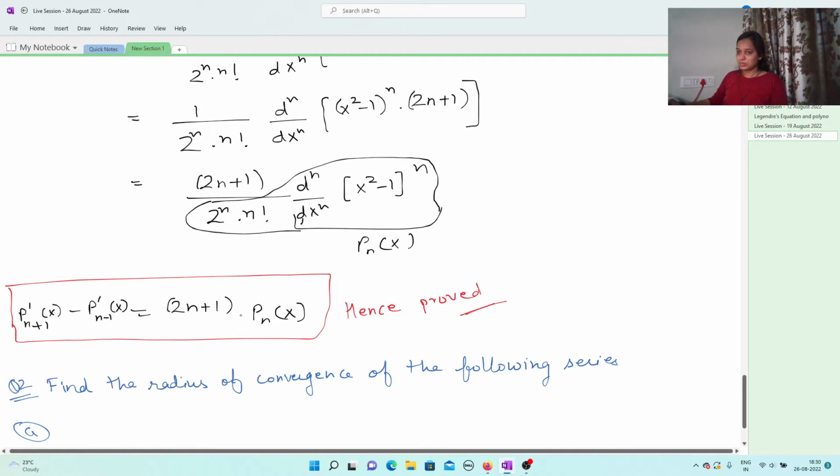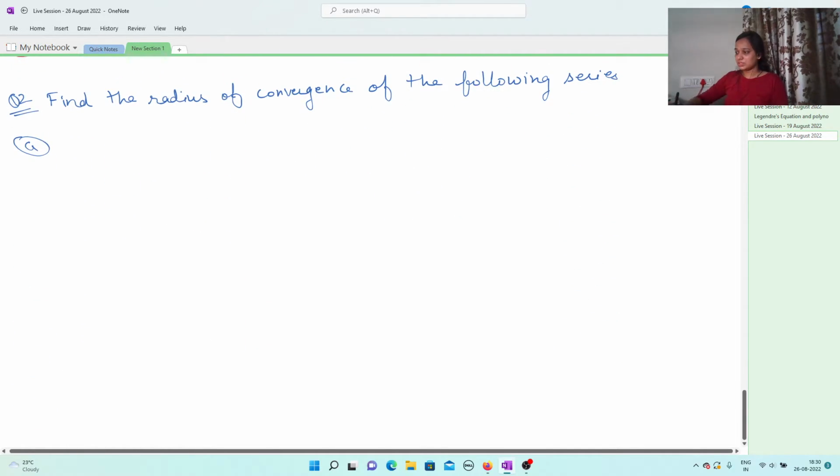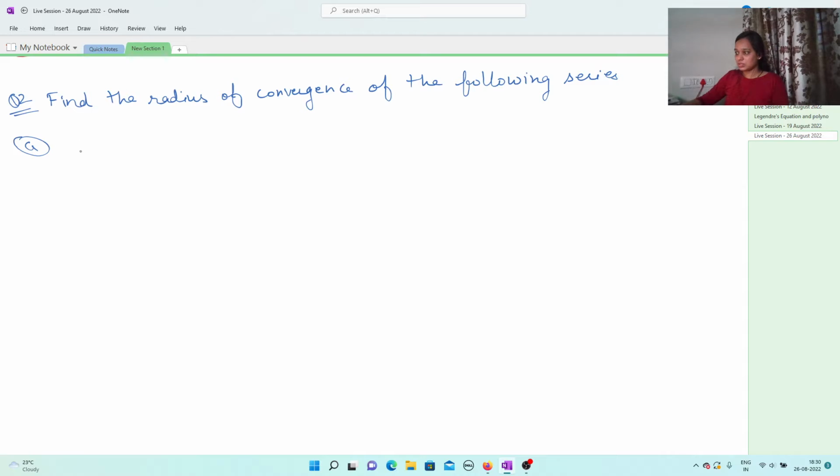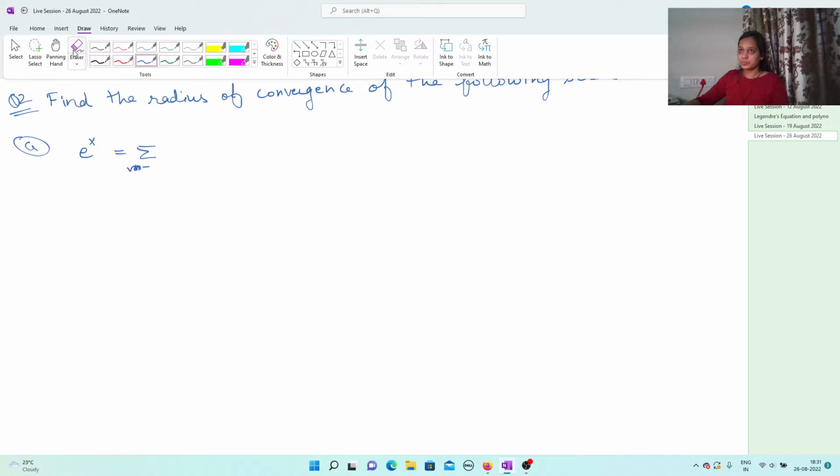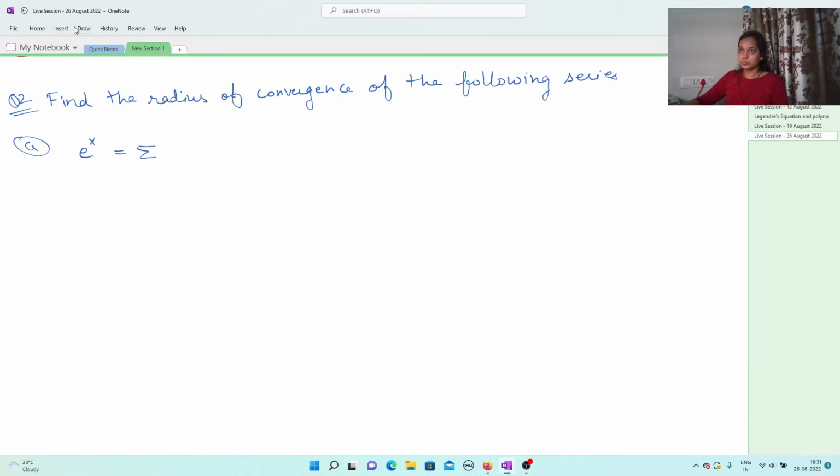So the first series is e to the power x, which is summation n equals 0 to infinity x to the power n over n factorial.